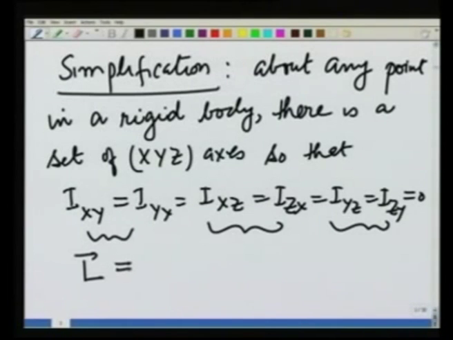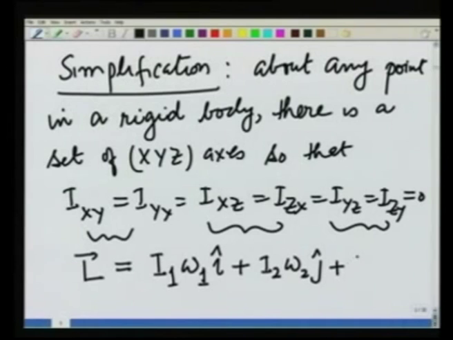Let me change, instead of x I am going to call it axis 1: omega 1, where 1 denotes x direction, so omega 1 is a component of omega in x direction, I1 omega 1 i plus I2 omega 2 j plus I3 omega 3 k. So the expression really gets simplified.